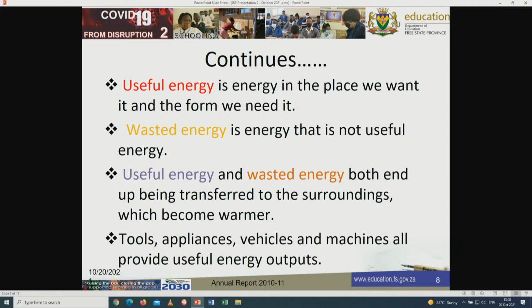But the most important thing is that it must be converted to be a useful output energy that can be used in different ways. Either it's from the tools, the appliances, it can be in vehicles or machines, all provide useful energy outputs.